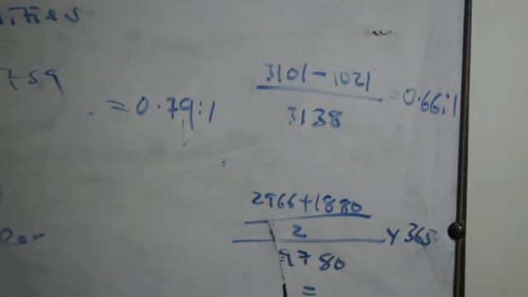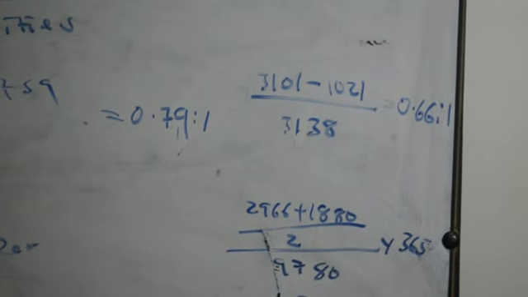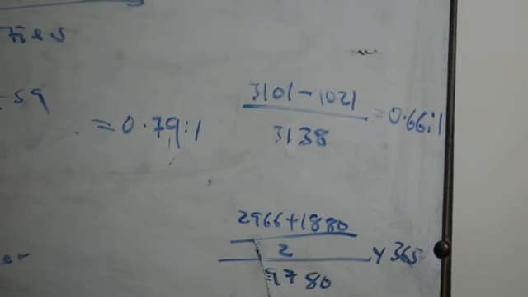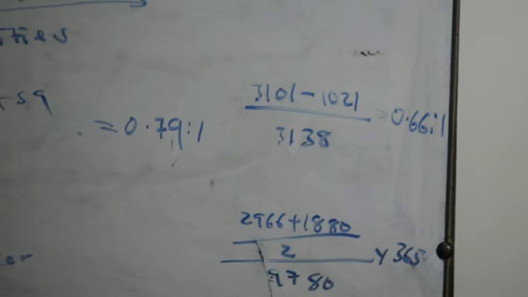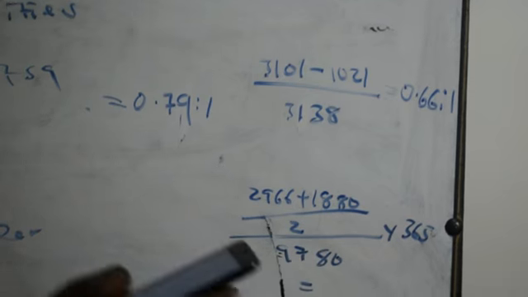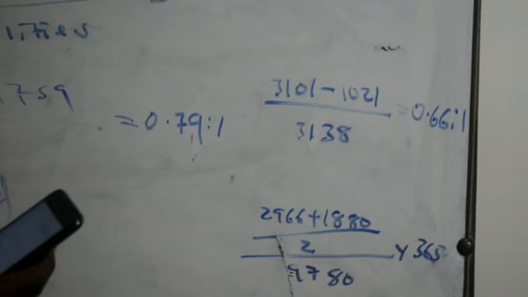So first of all, let's compute the average debtors. So we have 2966 add 1880, then you divide by 2. So that will give us 2423. Now take 2423 divided by 9780.